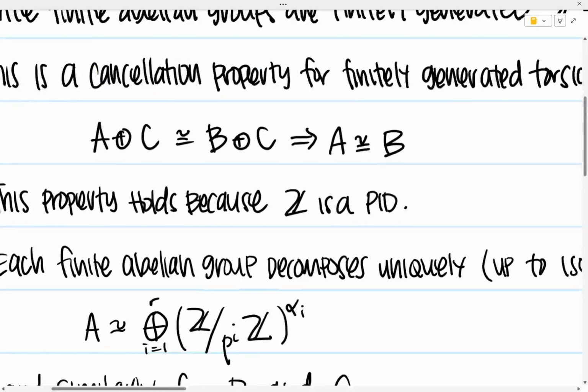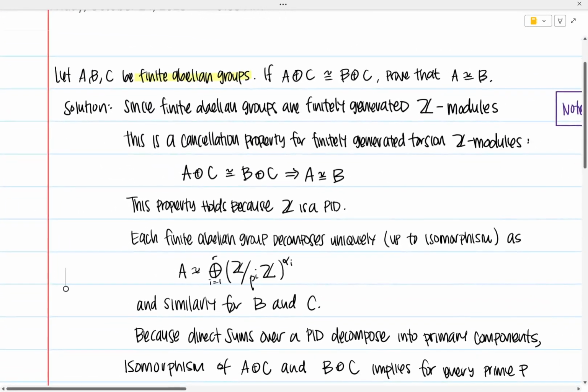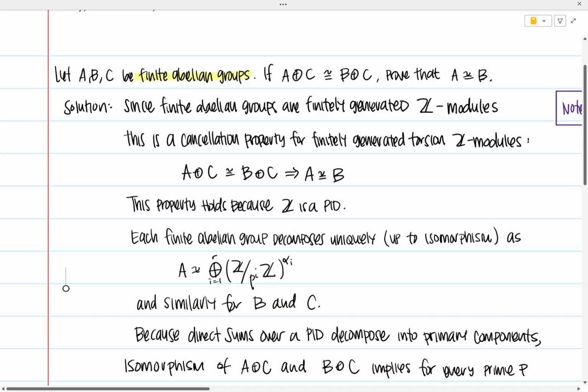Specifically, each finite abelian group decomposes uniquely up to isomorphism as a direct sum of P modules. I call them P modules, but whatever. They call it the fundamental theorem for finitely generated abelian groups. You can also think of it as the fundamental theorem of arithmetic for finitely generated abelian groups, because it's the same thing.